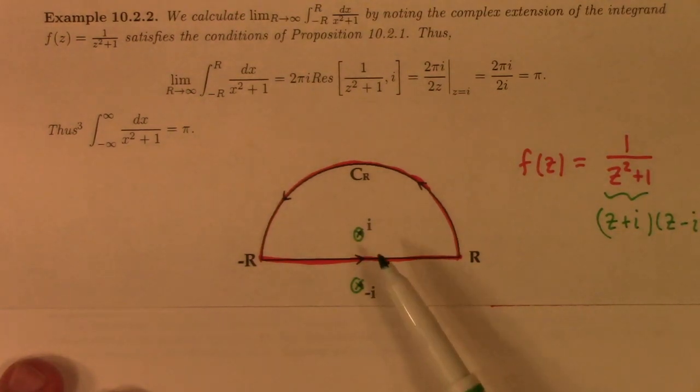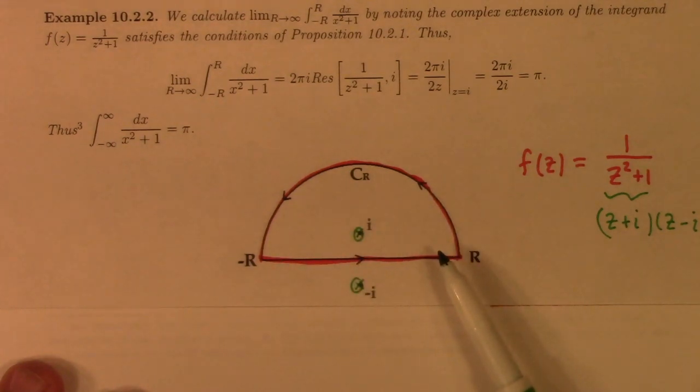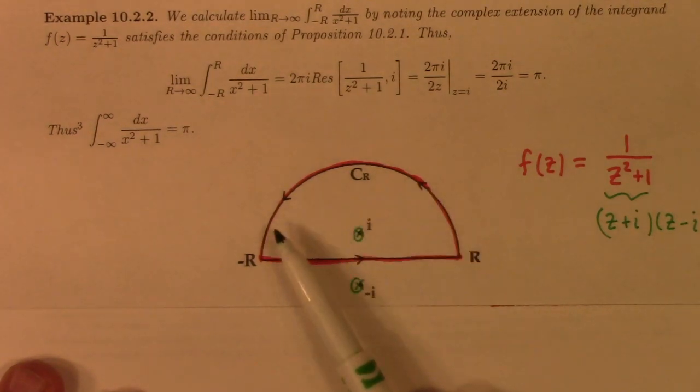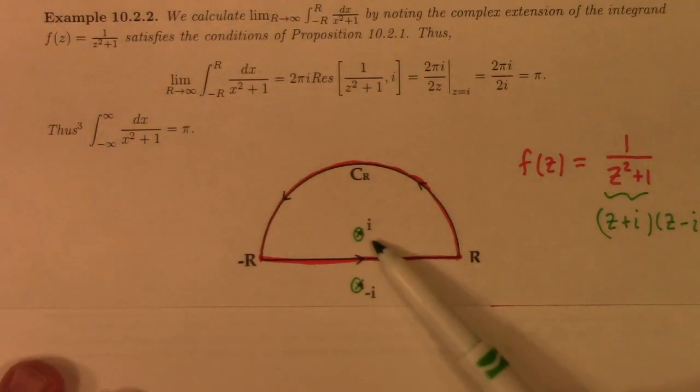Of course, only the plus i is in the upper half plane, and it is encircled by every one of these contours for r greater than 1. We're looking at the limit as r goes to infinity, so certainly that i is in there.